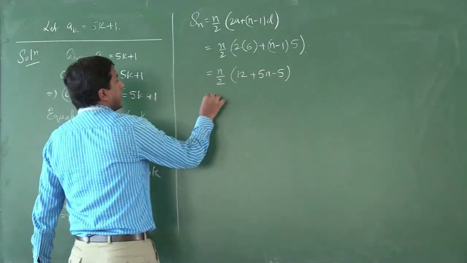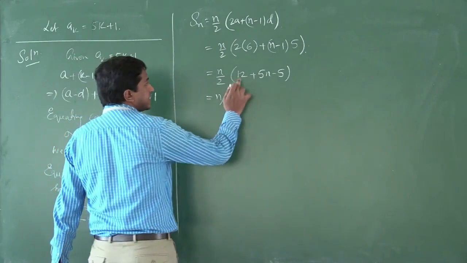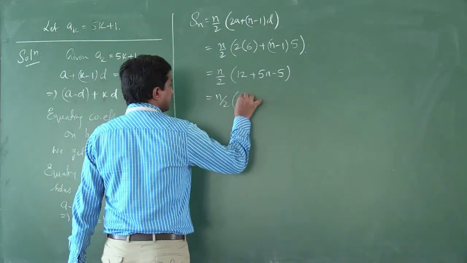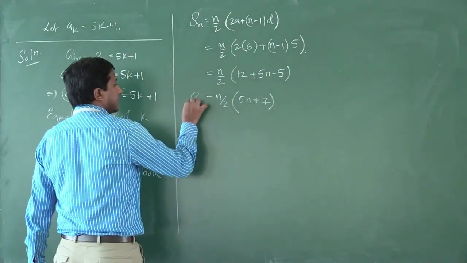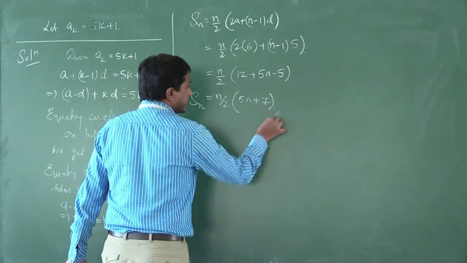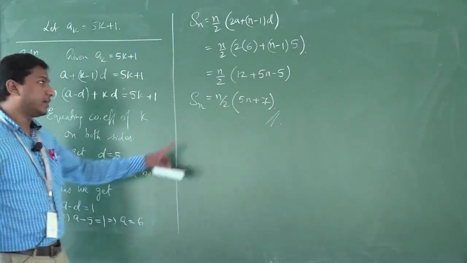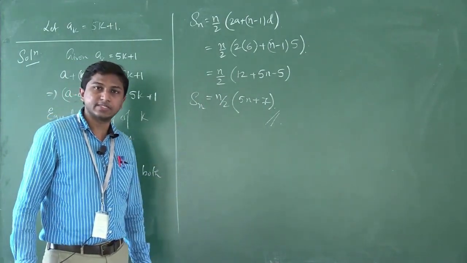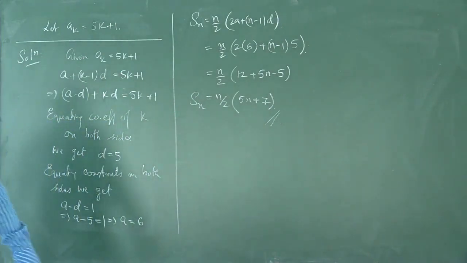Okay, n by 2 as it is, we'll simplify inside the brackets. 12 minus 5 gives us plus 7. So I can write this as 5n plus 7. So what is the sum of n terms of this AP? It is n by 2 into 5n plus 7. Moving on, write down the next problem.